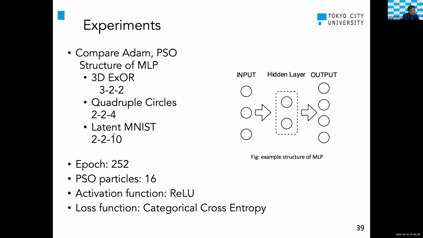Finally, 2 neurons in input layer, 2 neurons in hidden layer, and 10 neurons in output layer for the latent MNIST problem.